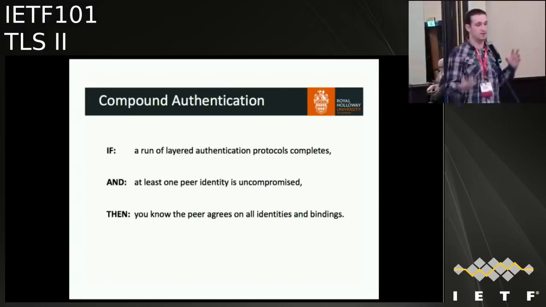This is a bit of a counterintuitive property. It's actually a very powerful property, but basically it says that in our case, as long as either the TLS channel is good or the private key of the certificate is uncompromised, then we've got what we want.